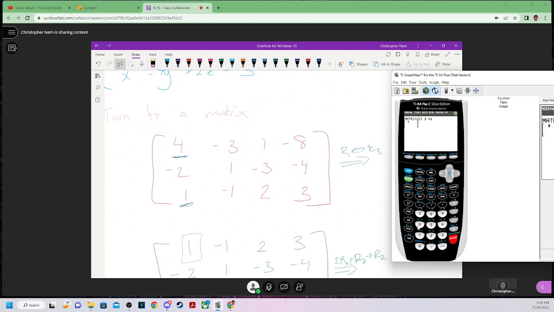The values are 4, negative 3, 1, negative 8, negative 2, 1, negative 3, negative 4, 1, negative 1, 2, and 3. So we have our matrix.